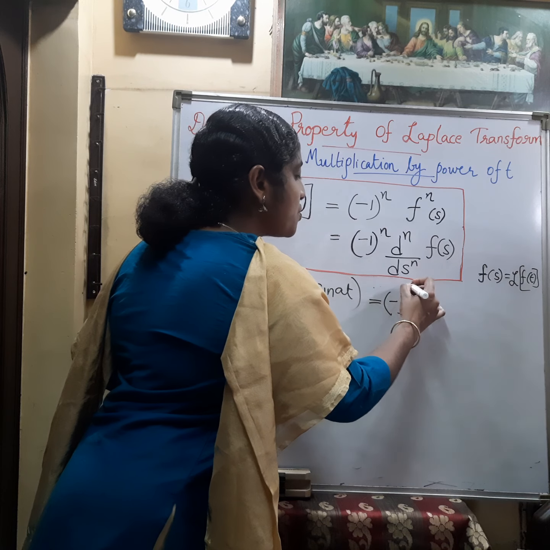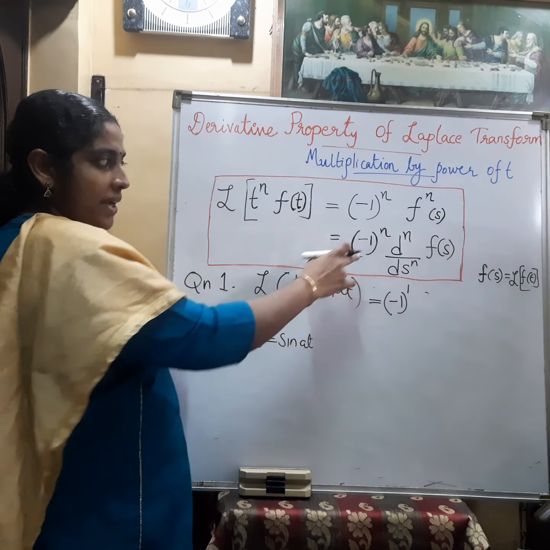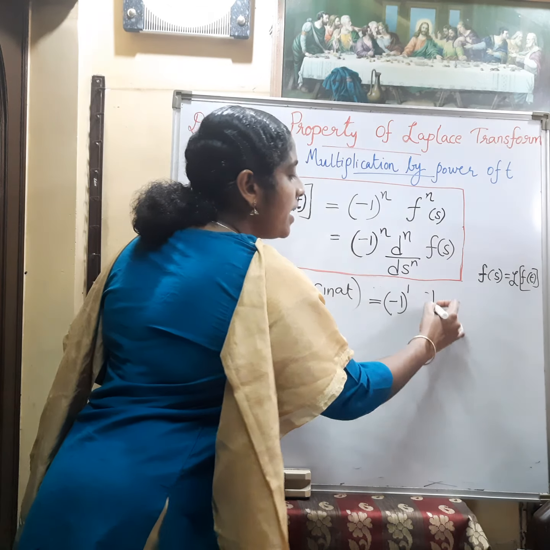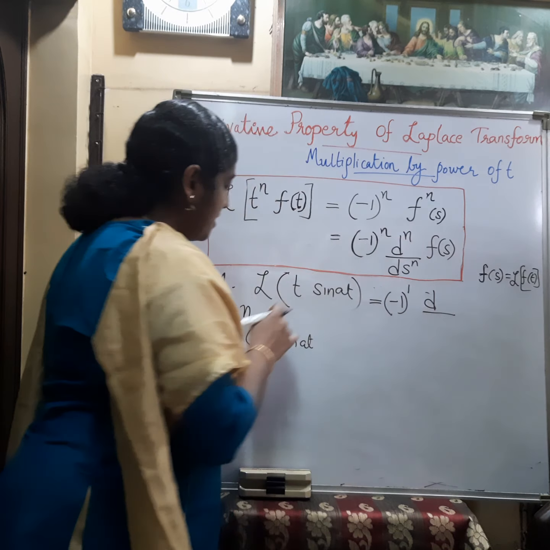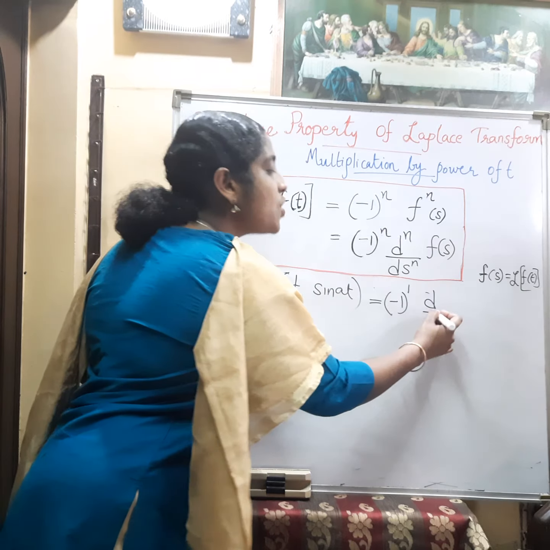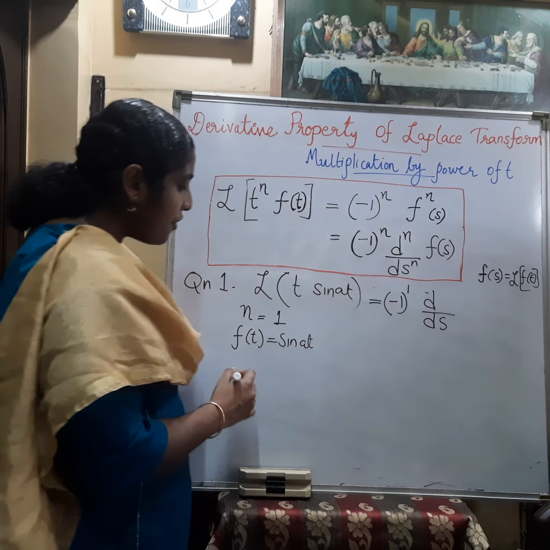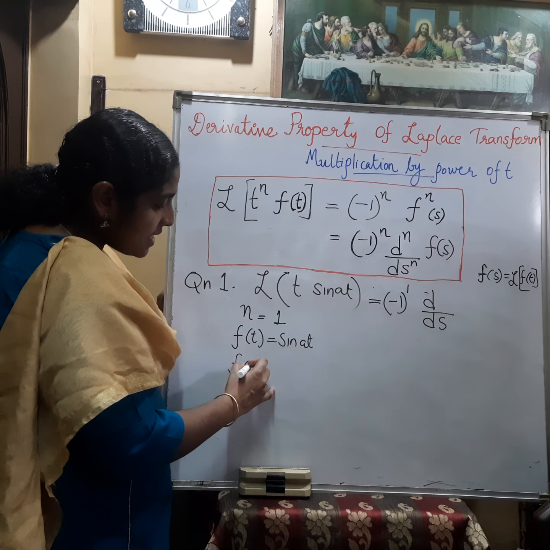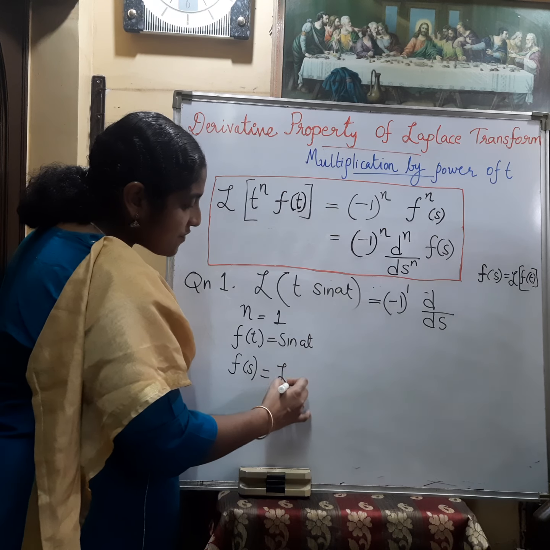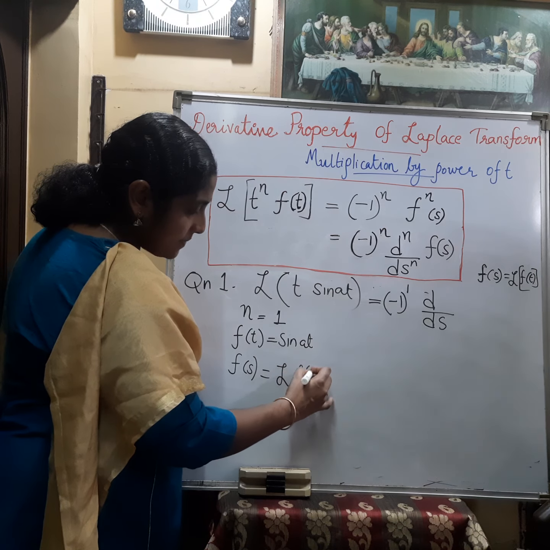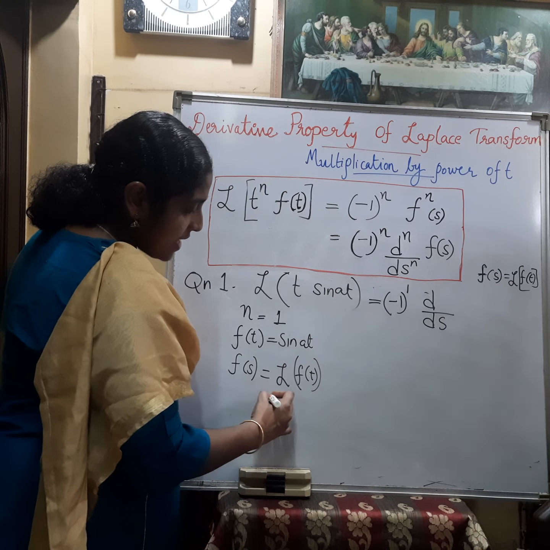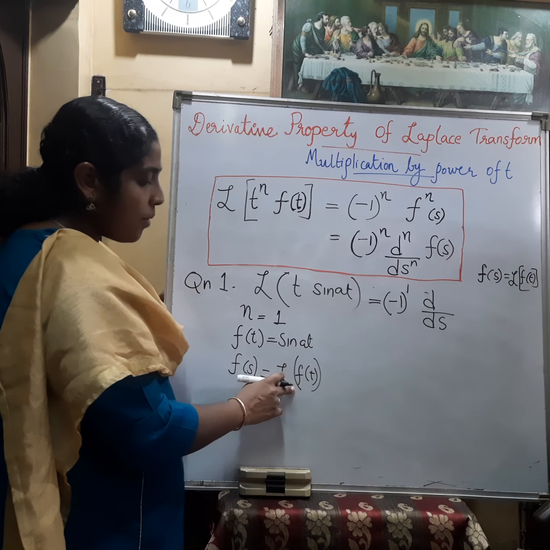Minus 1 raised to n, with n equal to 1, minus 1 raised to 1 d/ds. Since n is 1, it is a first order derivative, so d/ds of F(s). What is F(s) here? F(s) is the Laplace transform of f(t), that is the Laplace transform of sin at.